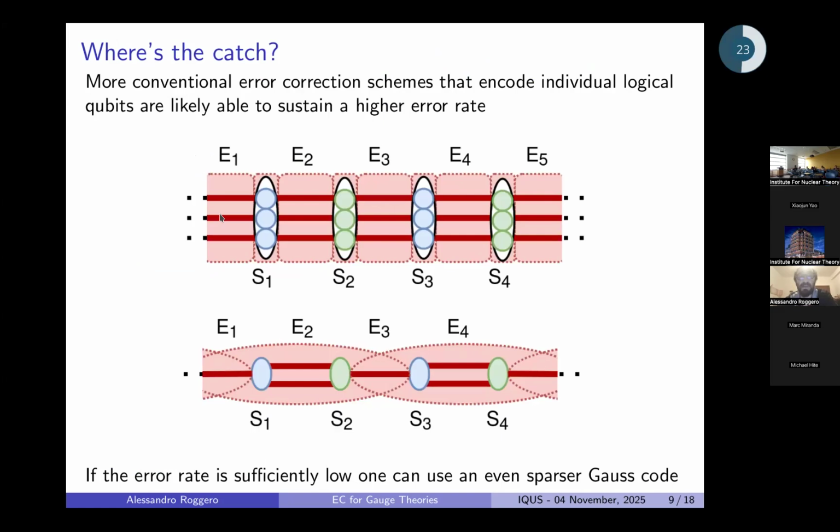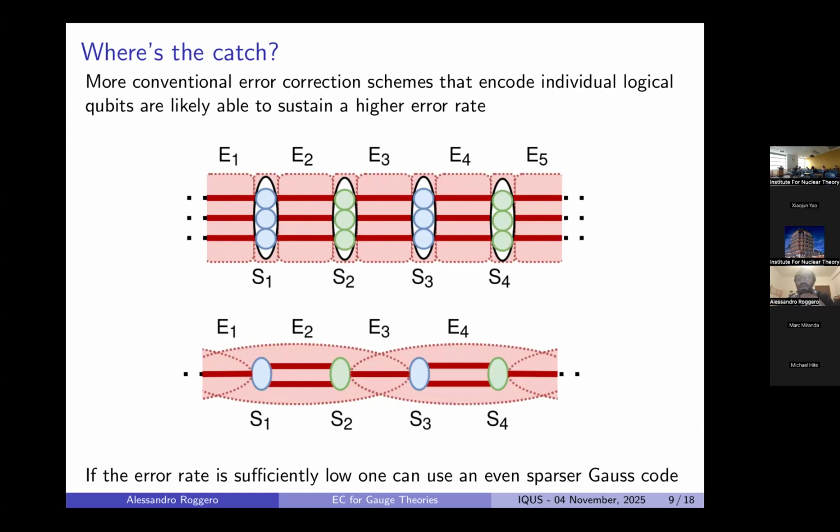The price we are paying is this: imagine we do a regular encoding where every qubit is encoded with its own error-correcting code. If we have any error within each one of these blocks independently, we can fix it. So imagine a situation where you have an error on this link, an error on this site, an error on this link, and so on, but a single error per block.